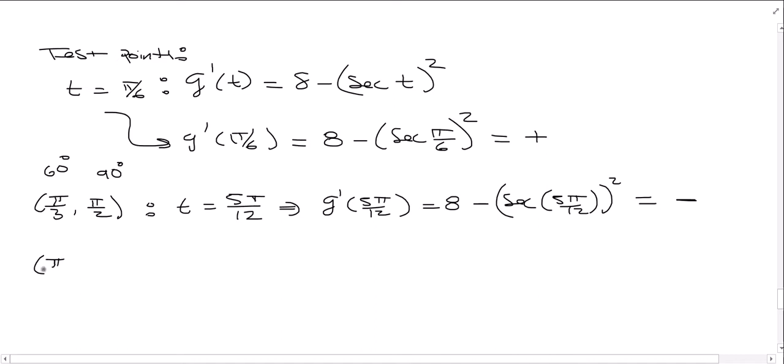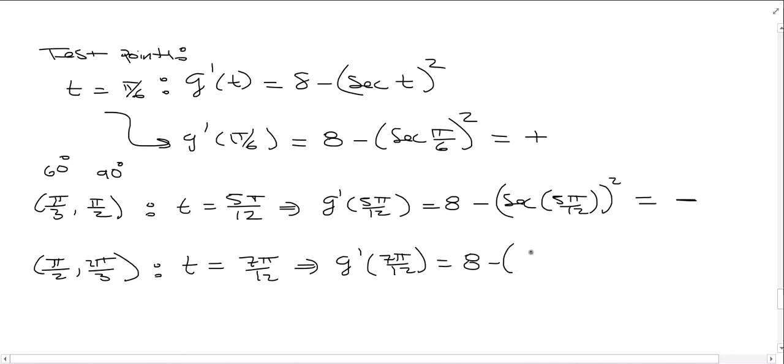Between pi over 2 and 2 pi over 3, add them up: pi over 2 plus 2 pi over 3 gives 7 pi over 6, and dividing by 2 gives the midpoint 7 pi over 12. So g prime of 7 pi over 12 is 8 minus secant of 7 pi over 12 squared.